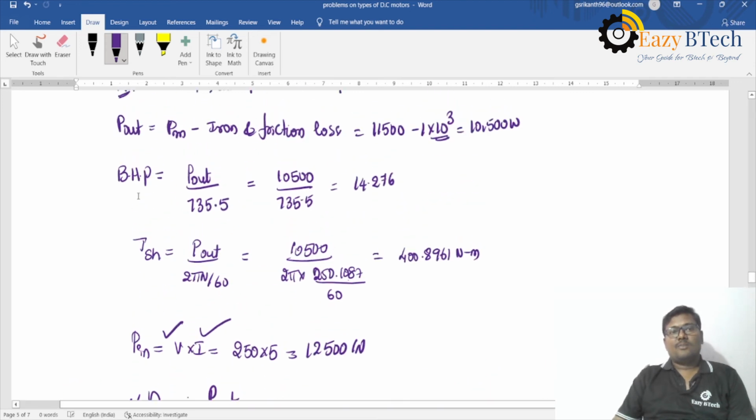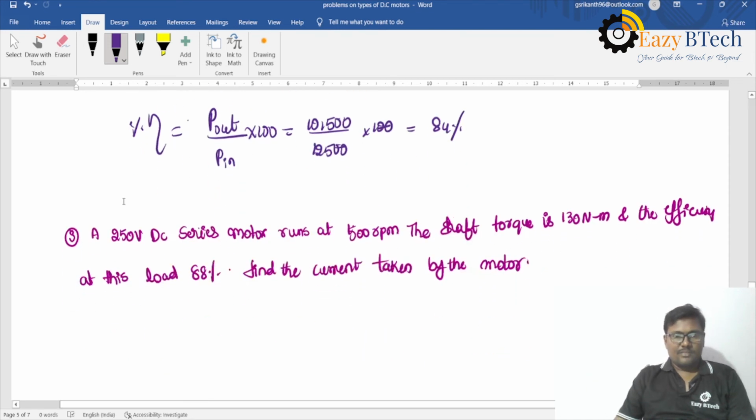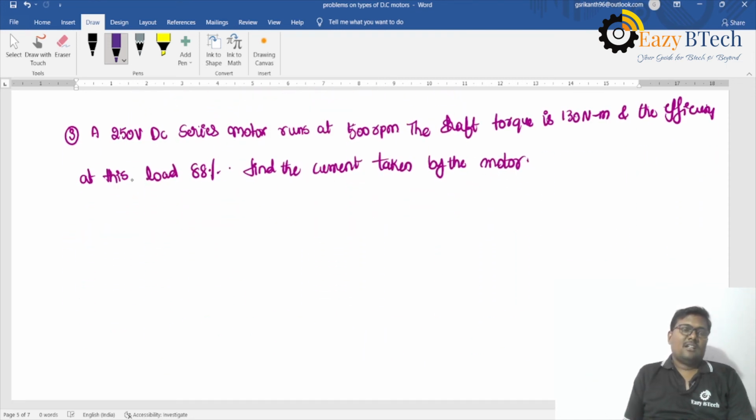The output power I got as 10,500 divided by 12,500 into 100. Then the percentage efficiency I got is 84%.